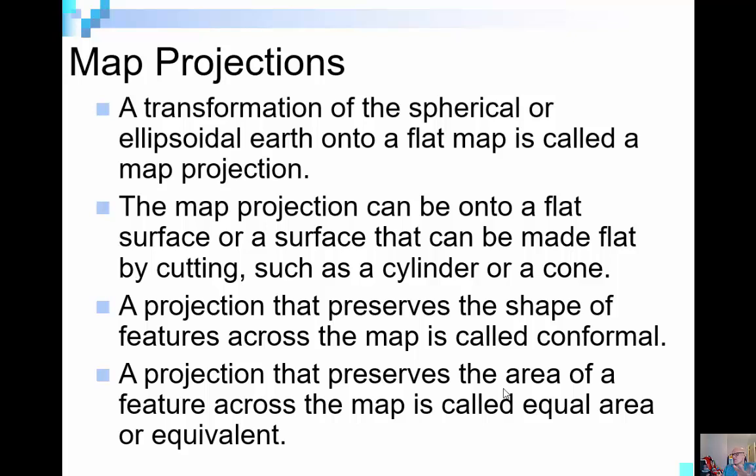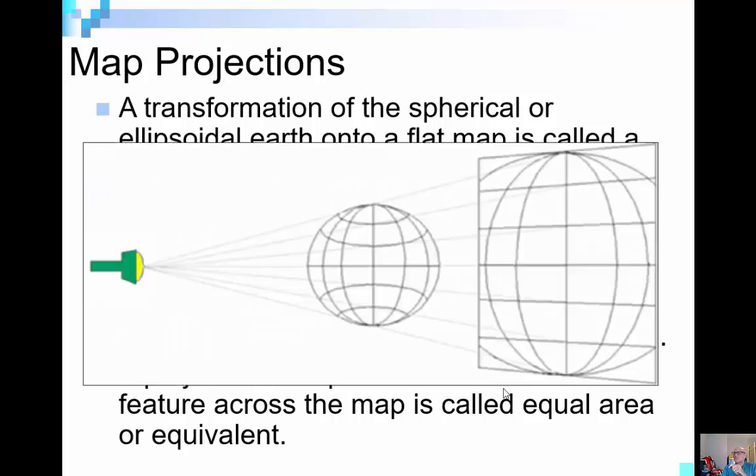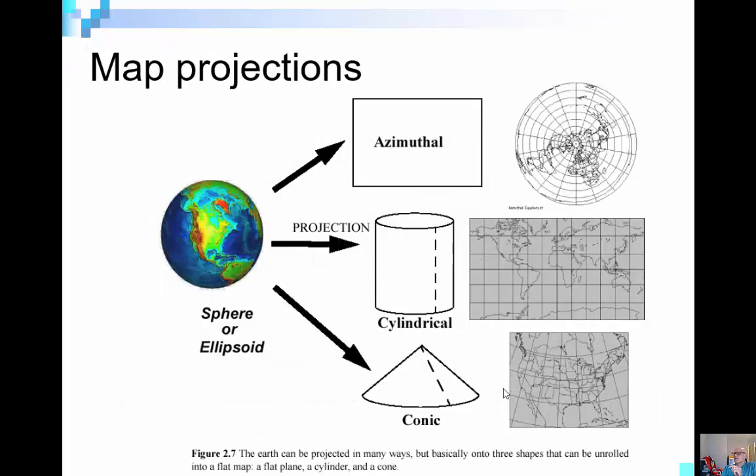Projections that preserve the area of features across a map are called equal area or equivalent. And this is kind of what you think of it. We've got a 3D and we put it onto a 2D. And as you can imagine, if we need to map much larger areas, there's going to be a lot more distortion than if I map a smaller area.